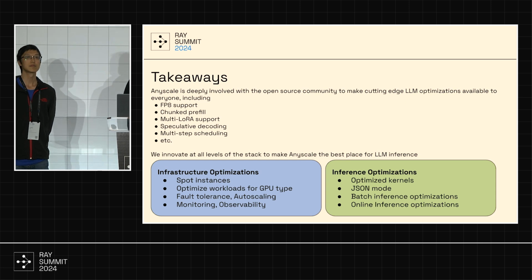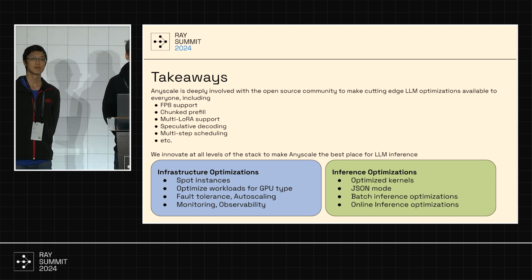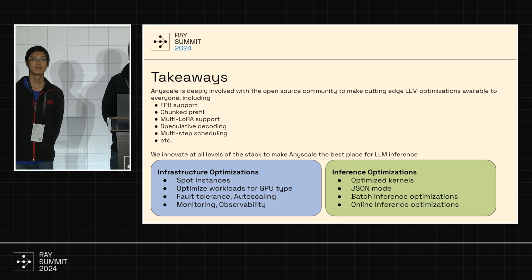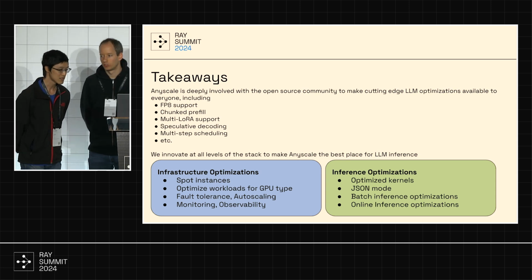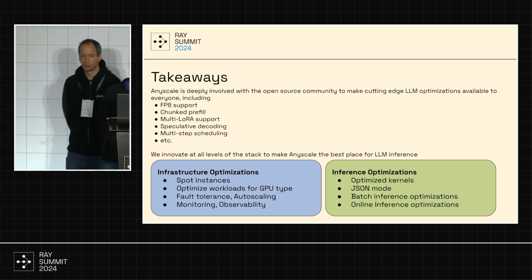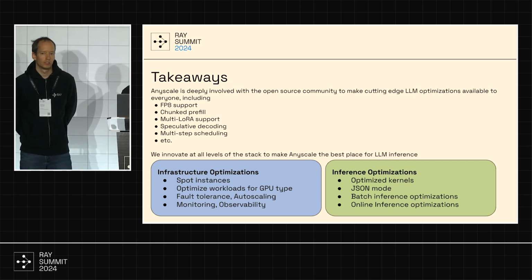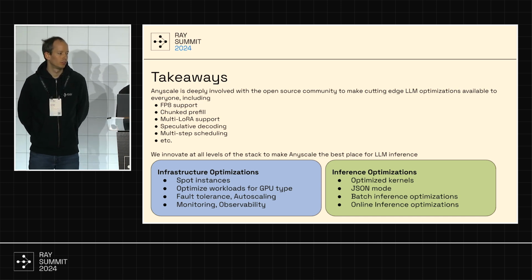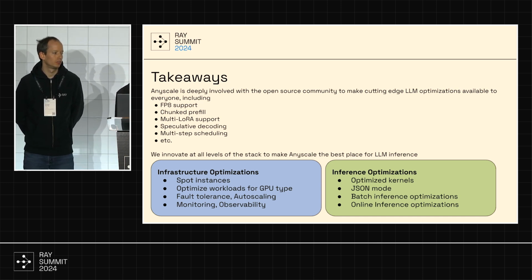For the token tree traversal T3, does it work with speculative decoding? Can you generate the tree k steps ahead? Yeah, this is a good question. So the question is whether the JSON mode with the T3 algorithm is compatible with speculative decoding. The short answer is no at this moment, but there's nothing fundamentally preventing us from doing that.